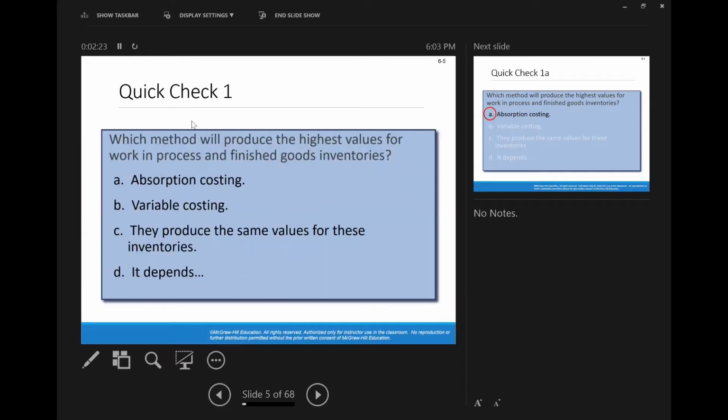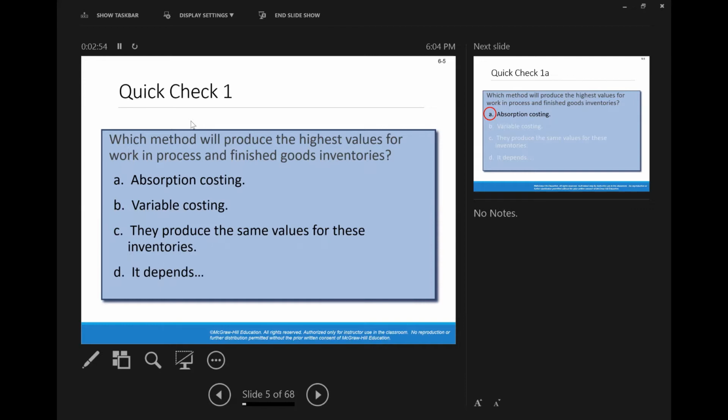So the first question it asks is which method would produce the highest values for work in process and finished good inventories? And the answer is A, absorption costing. So we'll walk through examples. You probably don't understand this right now, but what'll happen is with the absorption costing, we're going to take that fixed cost and we're going to look at how many units were produced, and some of it's going to stay with product that hasn't been sold yet.